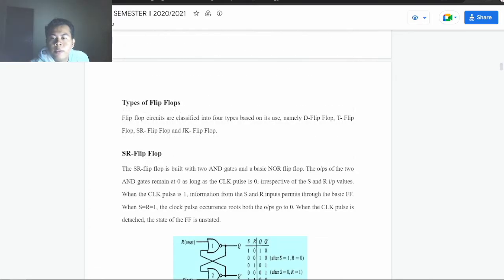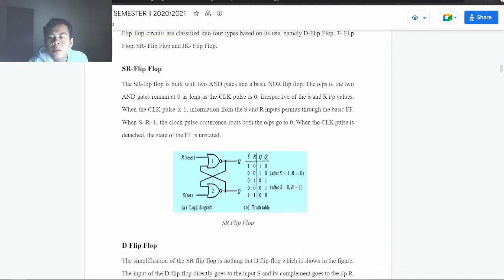Types of flip-flop. Flip-flop circuits are classified into 4 types based on use, namely D flip-flop, T flip-flop, SR flip-flop, and JK flip-flop. We can see SR flip-flop first. The SR flip-flop is built with 2 AND gates and a basic NOR flip-flop.